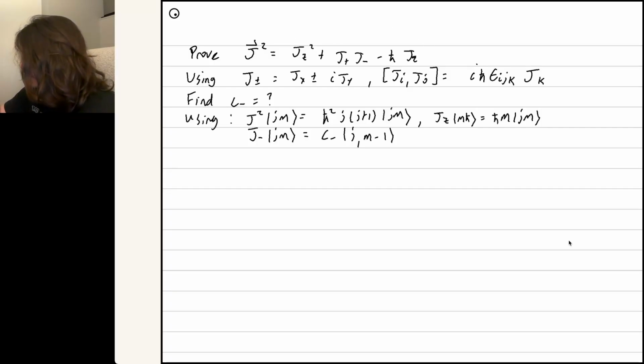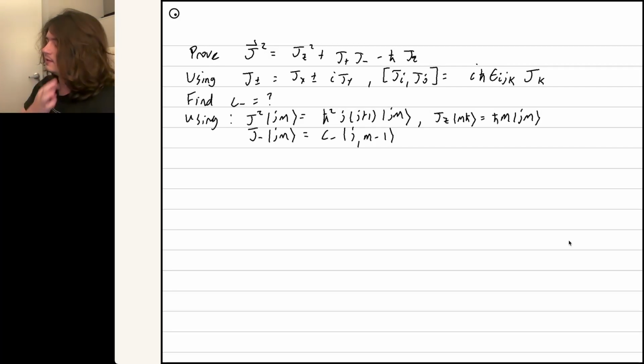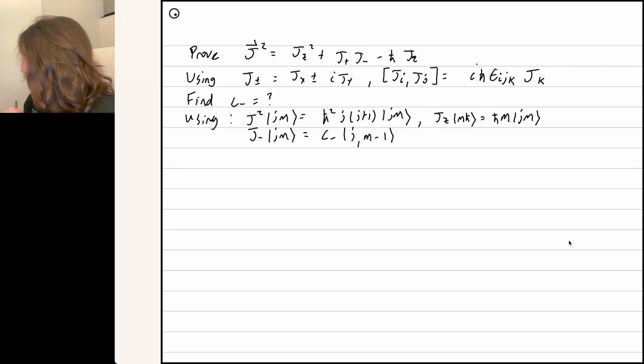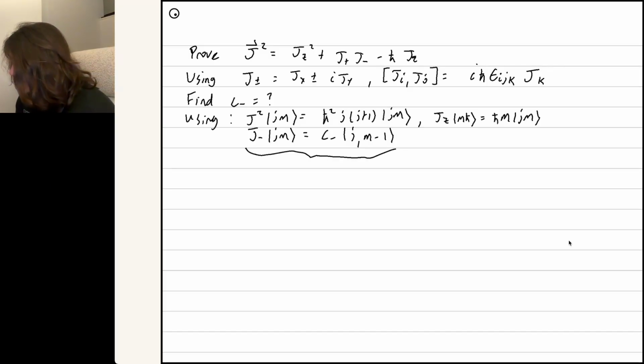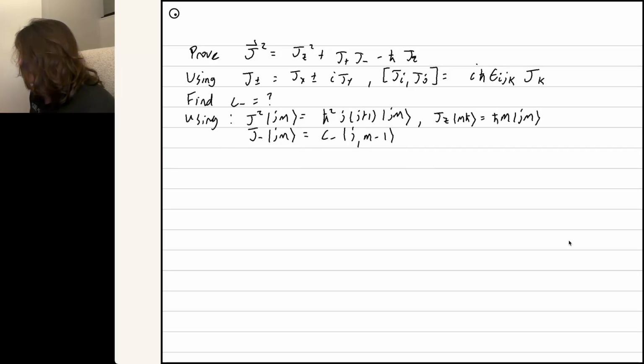And then the second part of this problem is to find C minus, which is the constant that appears in this equation. It's kind of an eigenvector, but kind of not. And to do that, we're supposed to be using just the general equations for the angular momentum eigenvalues, which I've written there.